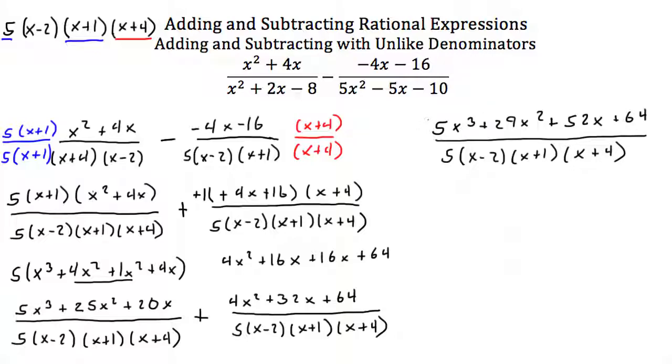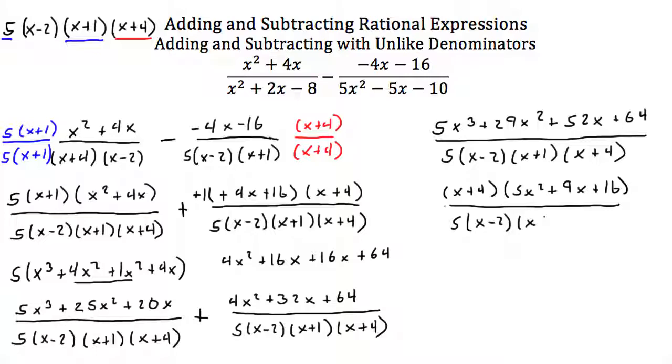Now our numerator can be factored into an x plus 4 times 5x squared plus 9x plus 16. Again, this is still over 5 times x minus 2 times x plus 1 times x plus 4. But notice that we have an x plus 4 in both the numerator and the denominator.